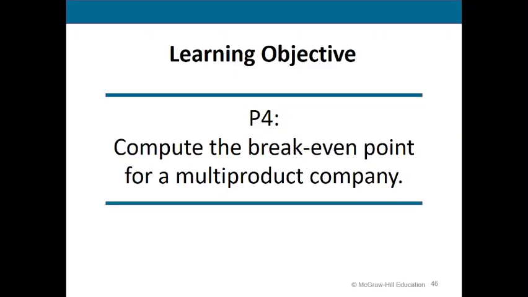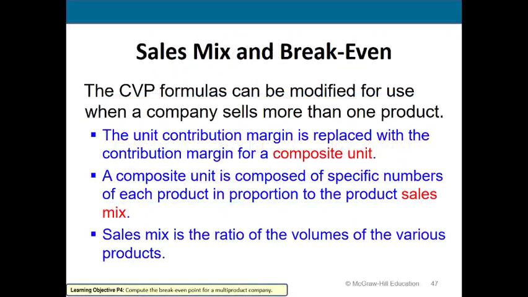All right, next thing you want to do is look at how you can compute and determine a sales mix for multiple products in a company. Here you have to modify your CVP formula, and the unit contribution margin is replaced with the contribution margin for a composite unit of all the products.